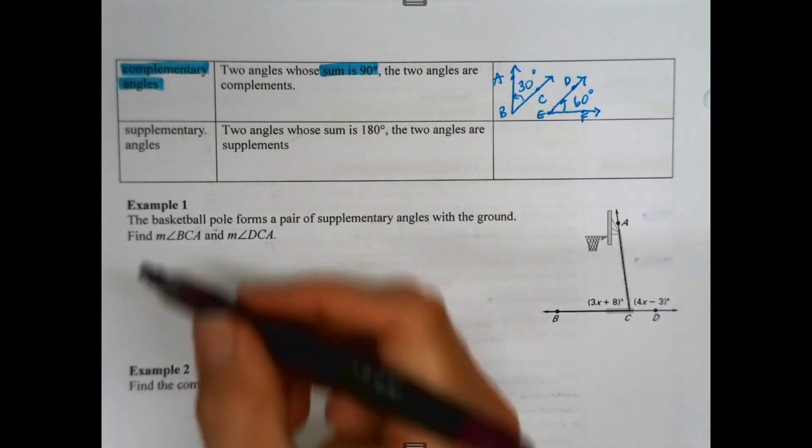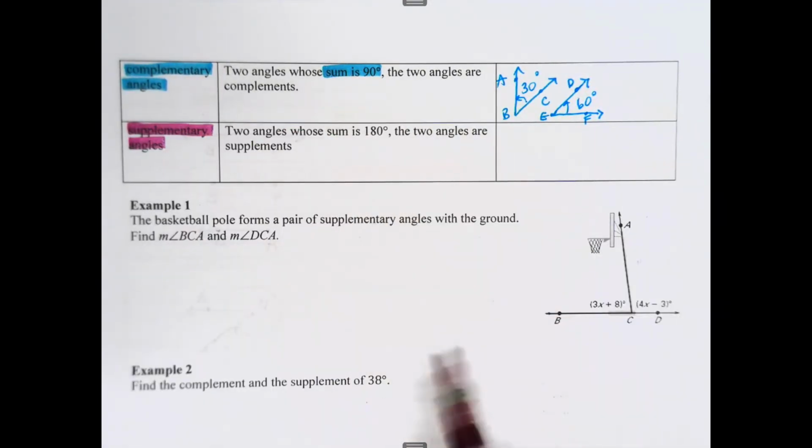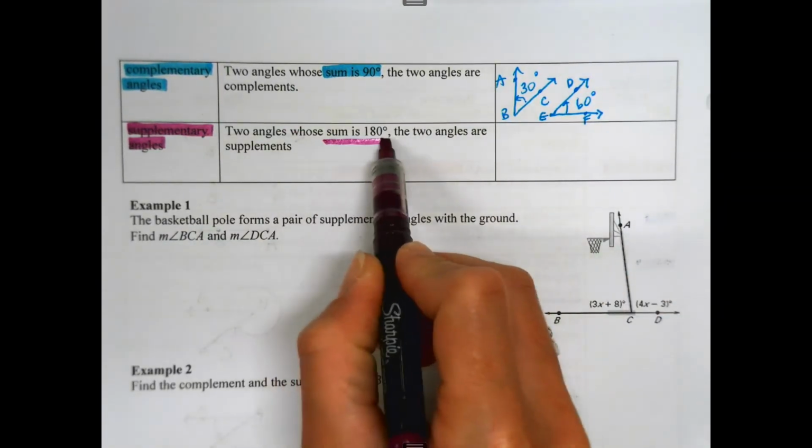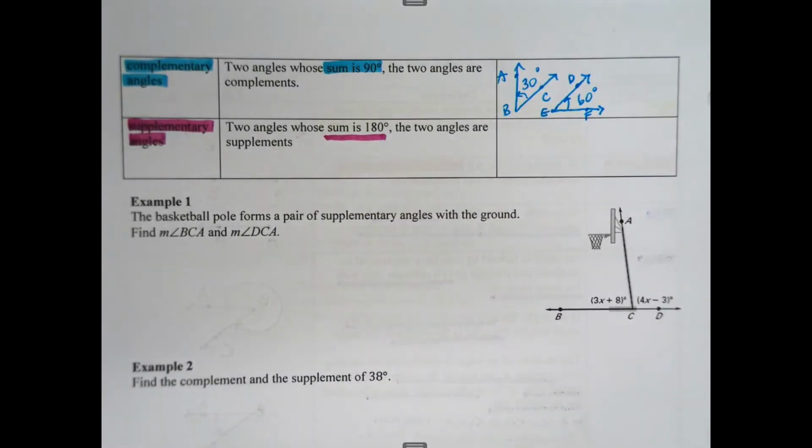Supplementary angles are going to be two angles whose sum is 180. One kind of way to remember this is complementary has one P, supplementary has two P's, and therefore 2 P's makes 180 degrees.